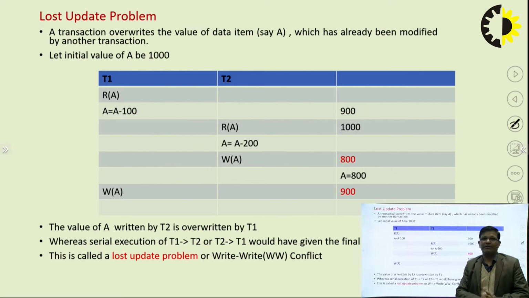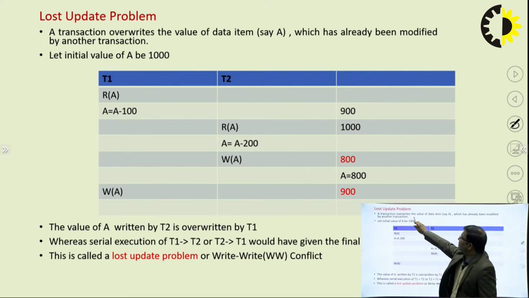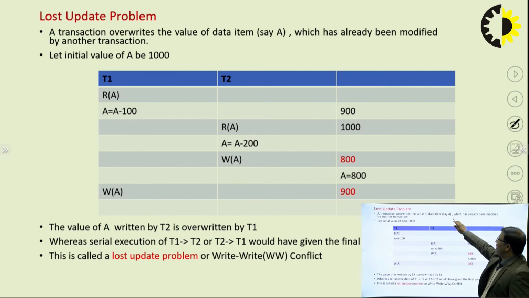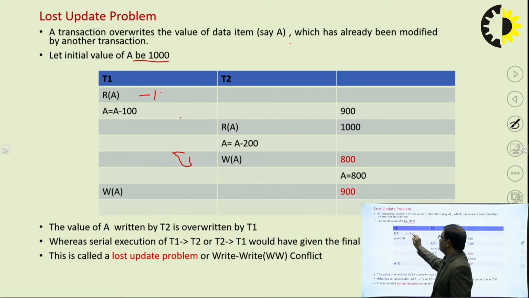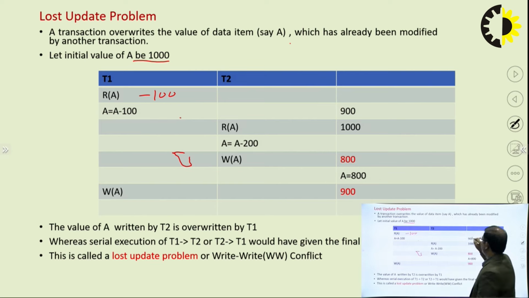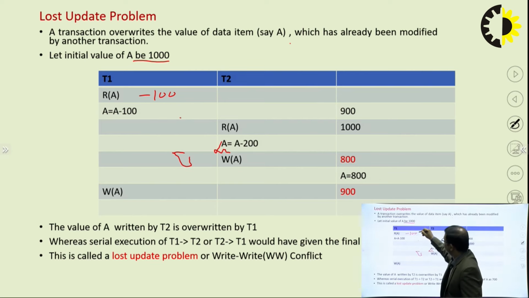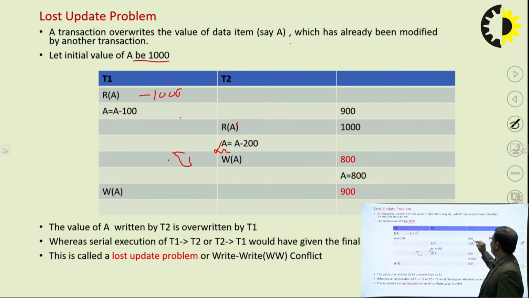So this is the example of the lost update problem. A transaction overrides the value of a data item, say A, which has already been modified by another transaction. Let's say the initial value of A is 1000. Read A gives 1000. A equals A minus 100, so it is 900.